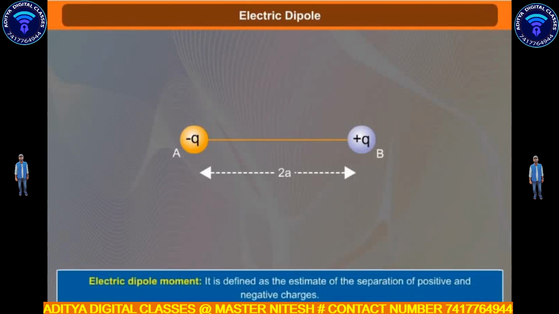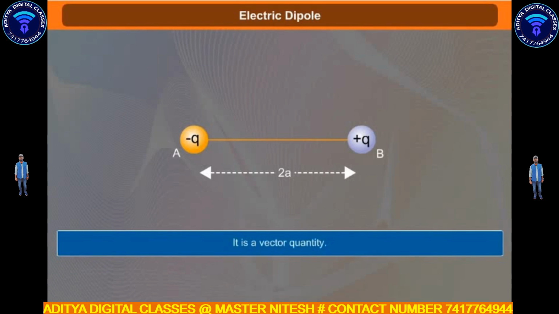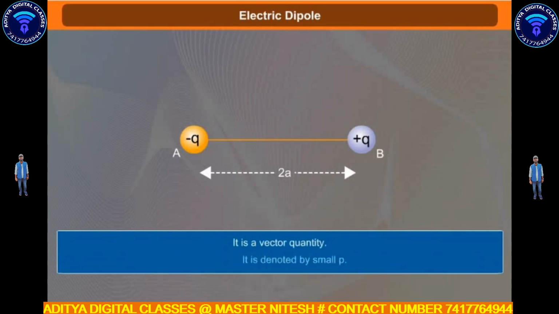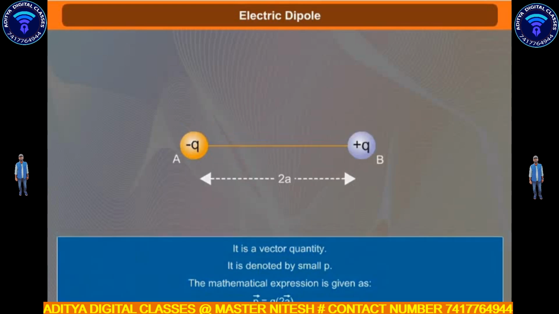Electric dipole moment. It is defined as the estimate of the separation of positive and negative charges. It is a vector quantity. It is denoted by small p. The mathematical expression is given as p vector equals q times 2a.